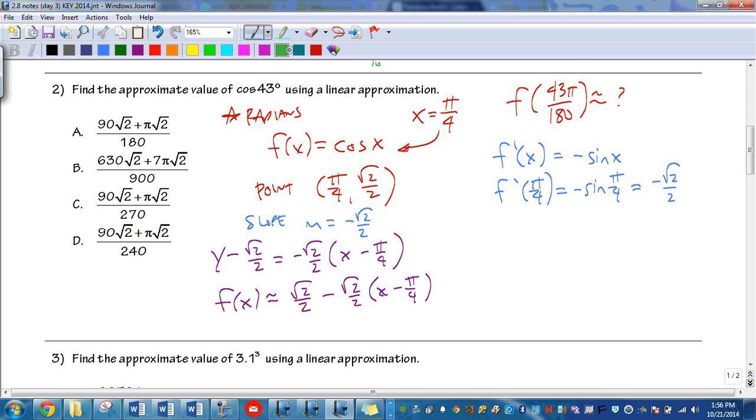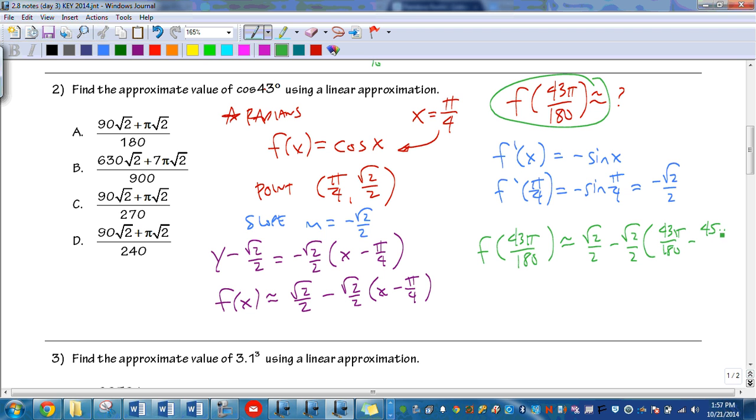And now we want to go ahead and get our estimate. So we want to find out what f of 43 pi over 180 is approximately equal to. So we're just putting that in for x. So we have 43 pi over 180 minus pi over 4, but we want that over 180. So we can just write that as 45 pi over 180.